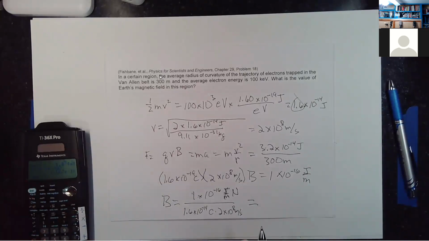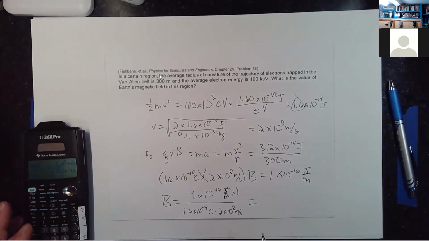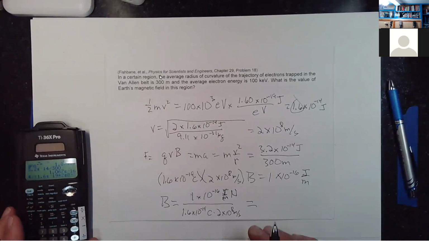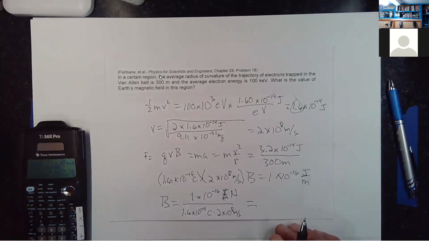So divided by 1.6 E minus 19 times 2 times 10 to the 8th. And I think I've got parentheses where I need them.